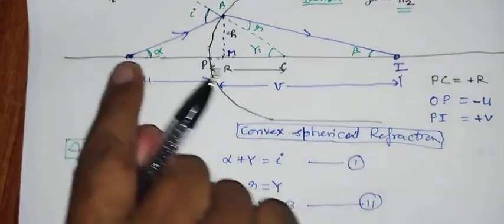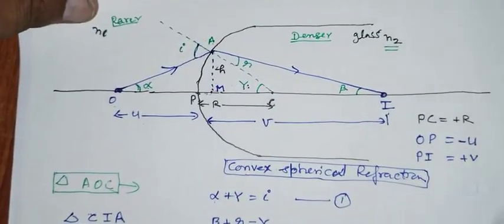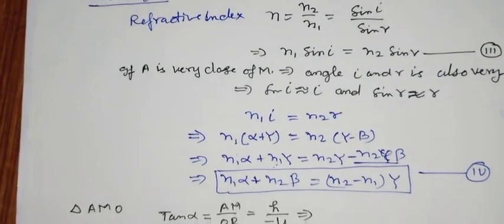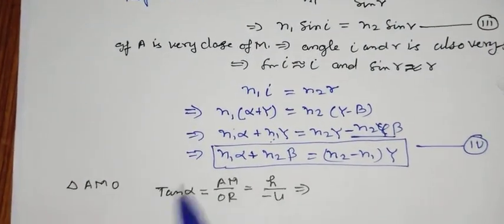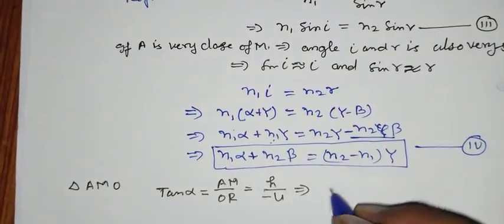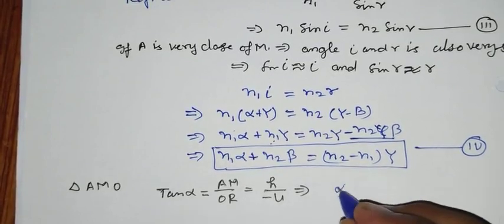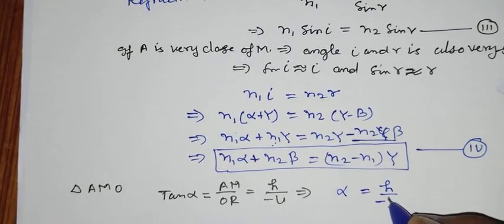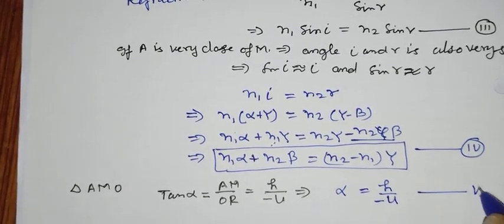This distance becomes minus u. If the angles i and r are very small, then alpha, beta and gamma are also small, so tan alpha can be written as alpha, equal to h by minus u. Equation number 5.